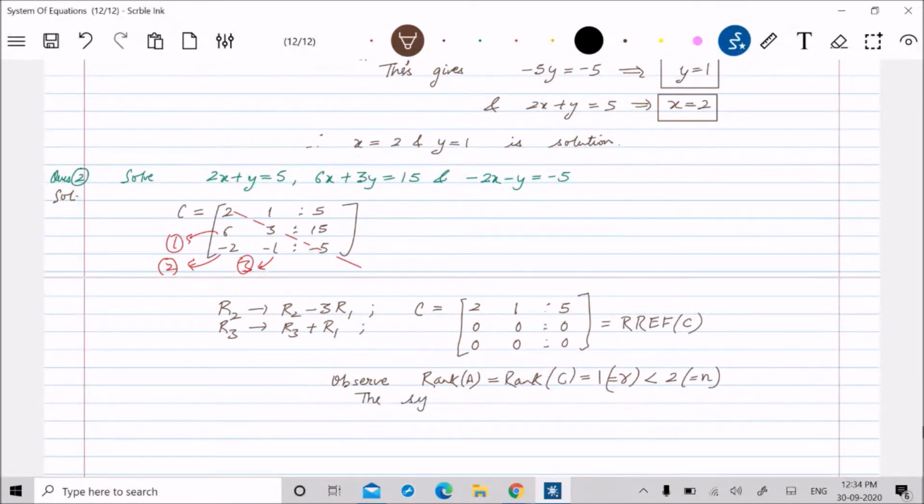Good thing is that the system has an answer. But how many solutions? Infinitely many solutions, right? And if I ask you to find the infinite number of solutions, so you have to assume.